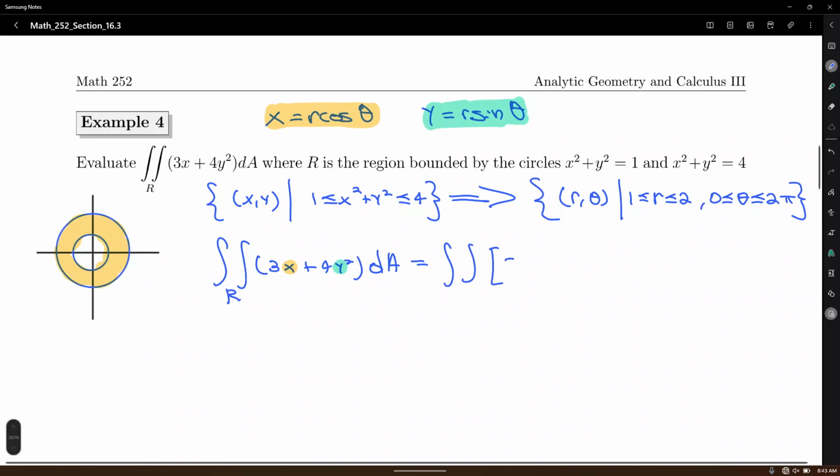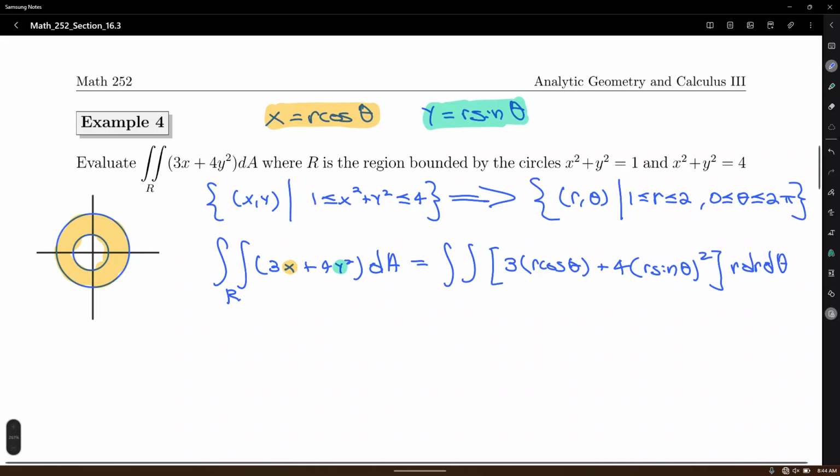So that is 3 times r cosine theta plus 4 times r sine theta. Don't forget to square it, and be careful when you square this, make sure to square both the r and the sine. All right? And dA will become r dr d theta.